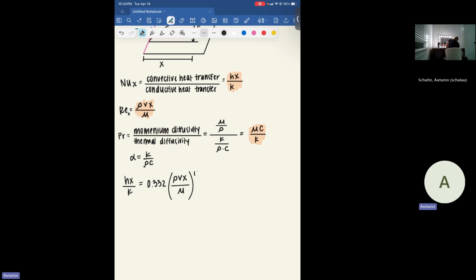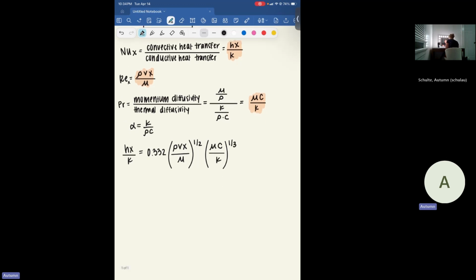This was to the power of 1/2. This is multiplied by our Prandtl number, which is the viscosity multiplied by the heat capacity divided by the thermal conductivity. This is to the power of 1/3.